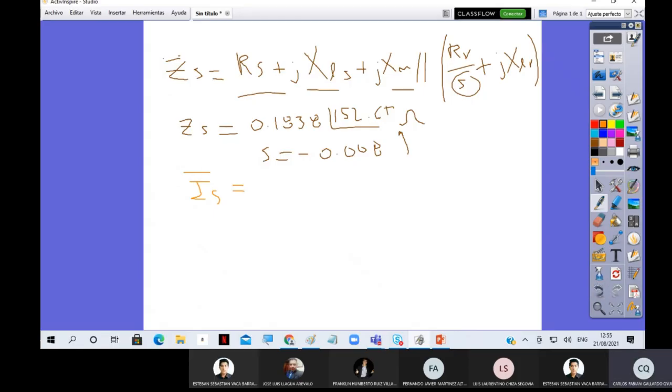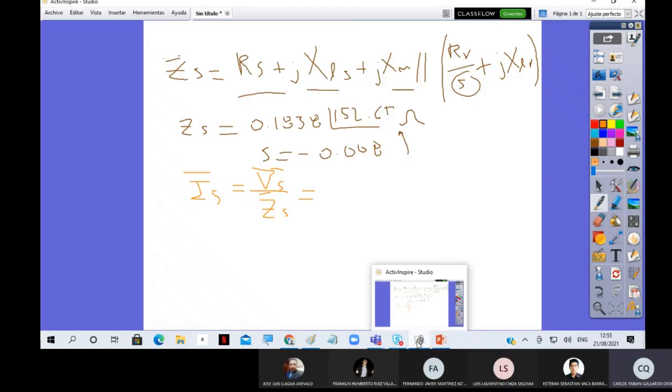This is equal to the stator voltage over the input impedance. Once again I will use the nominal value. What is the stator voltage?